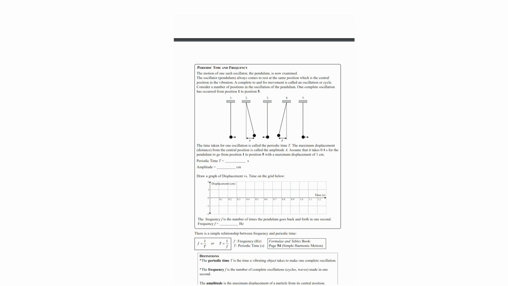They're telling me here that the maximum displacement from the central position is A. And they're telling me that that maximum displacement is 1 centimeter. That's the furthest it goes back to the right or to the left. They're also telling me, as I've already said, that the periodic time, the time for a complete cycle, is 0.4 seconds. So you can fill in here what the periodic time is and what the amplitude is.